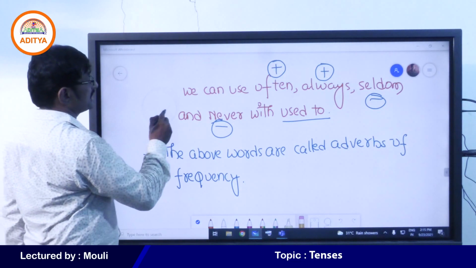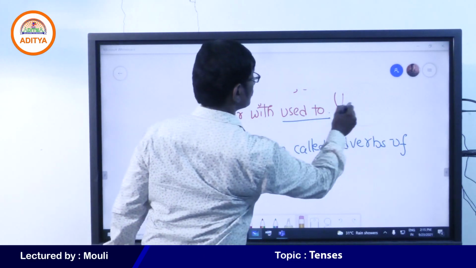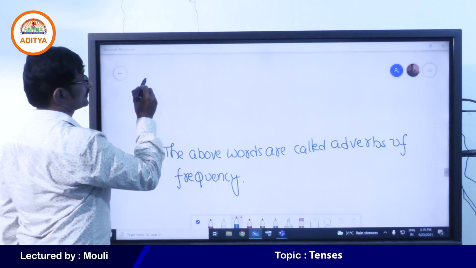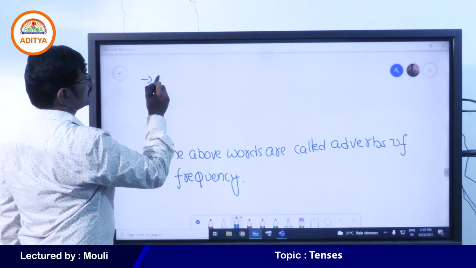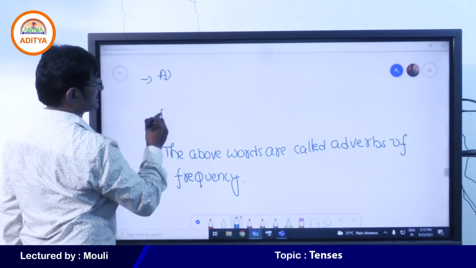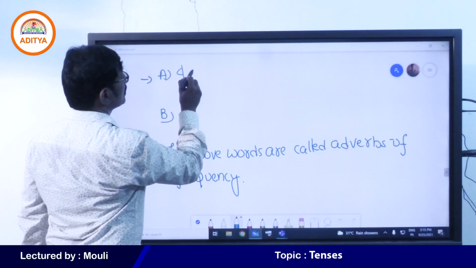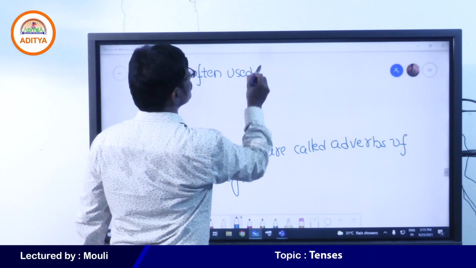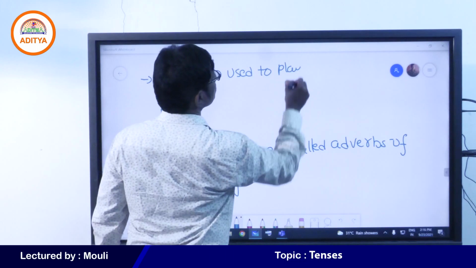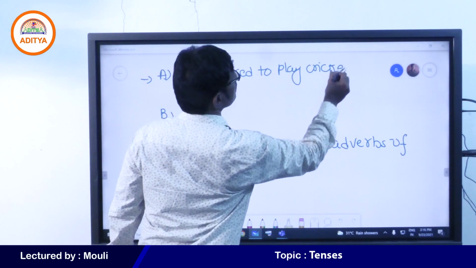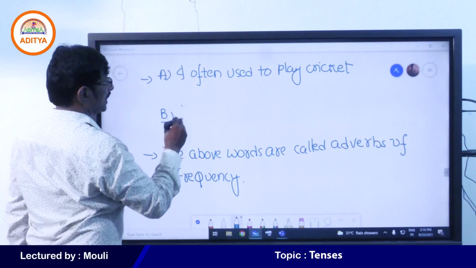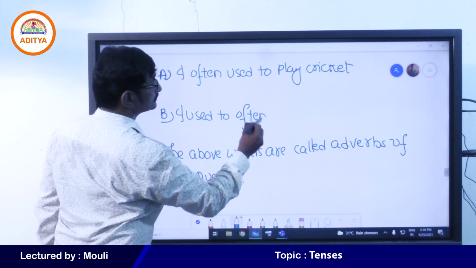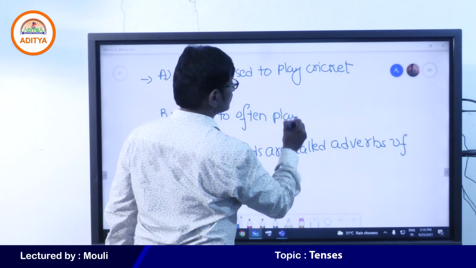And now how to use them, let us see. Now, there are two sentences I am writing. I often used to play cricket. The second one, I used to often play cricket.